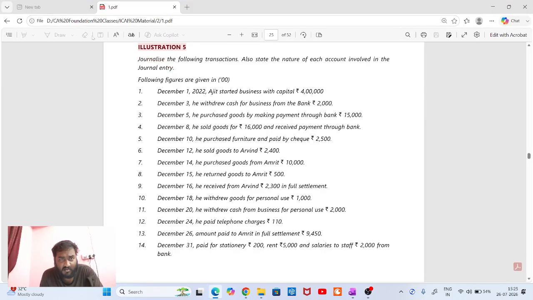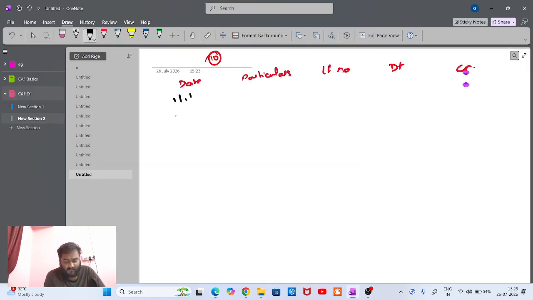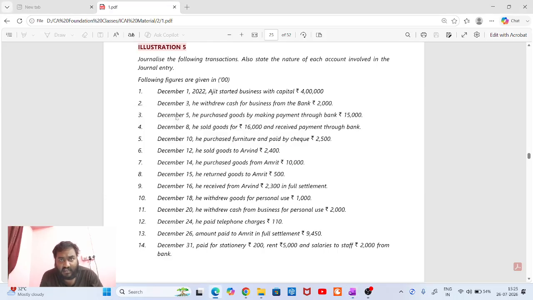December 1st, 1/1/22. What is the particular? Cash, bank, I guess, started with business capital.